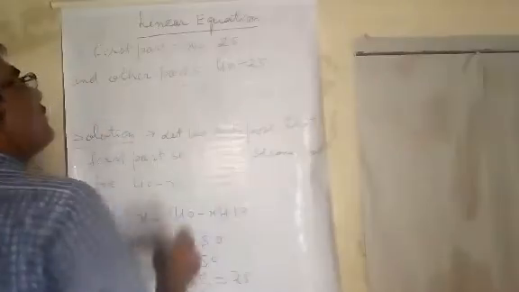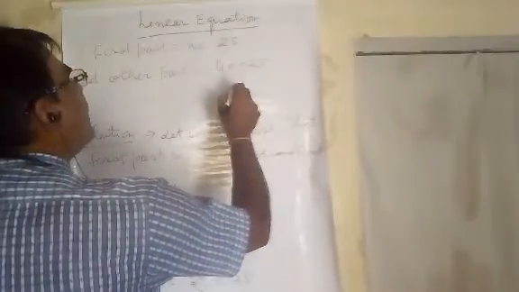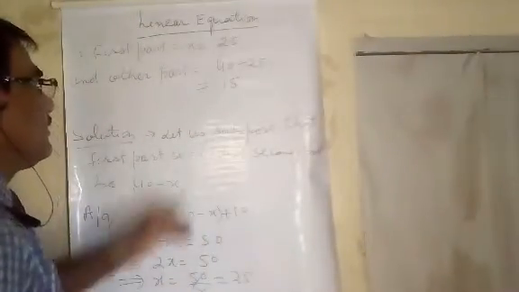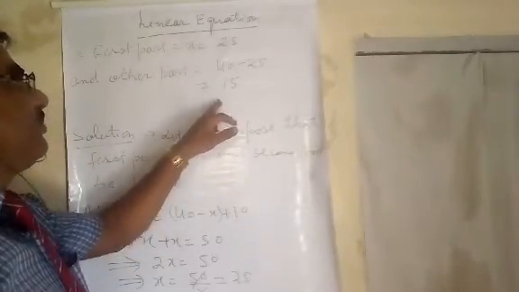When you subtract 25 from 40, we get 15. Therefore the first part is x equals 25 and the other part is 15.